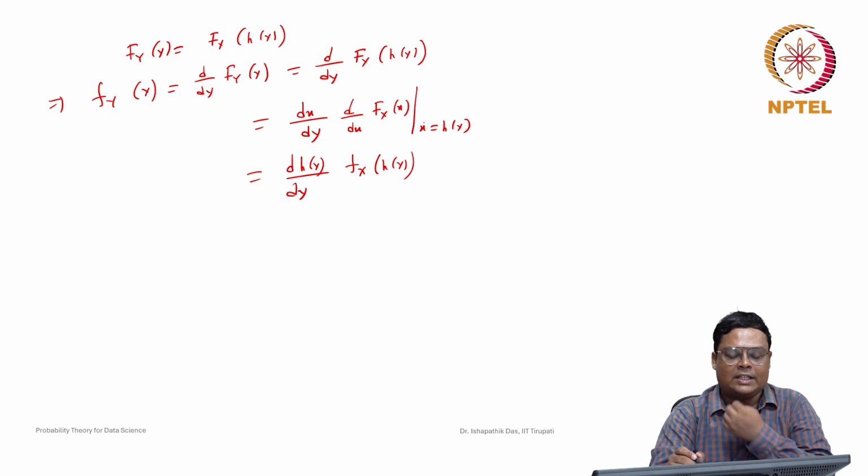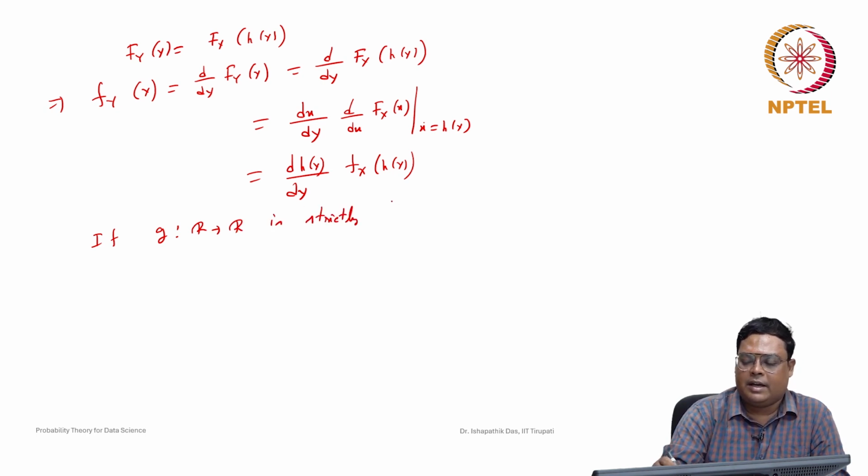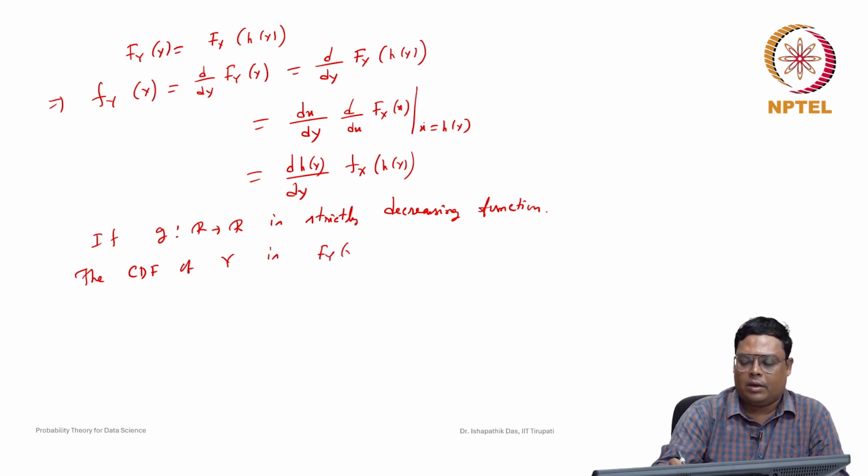Now if it is decreasing, so if g from R to R is a strictly decreasing function, then the CDF, the cumulative distribution function of Y, F_Y(y), is nothing but the probability that Y is less than or equal to y.